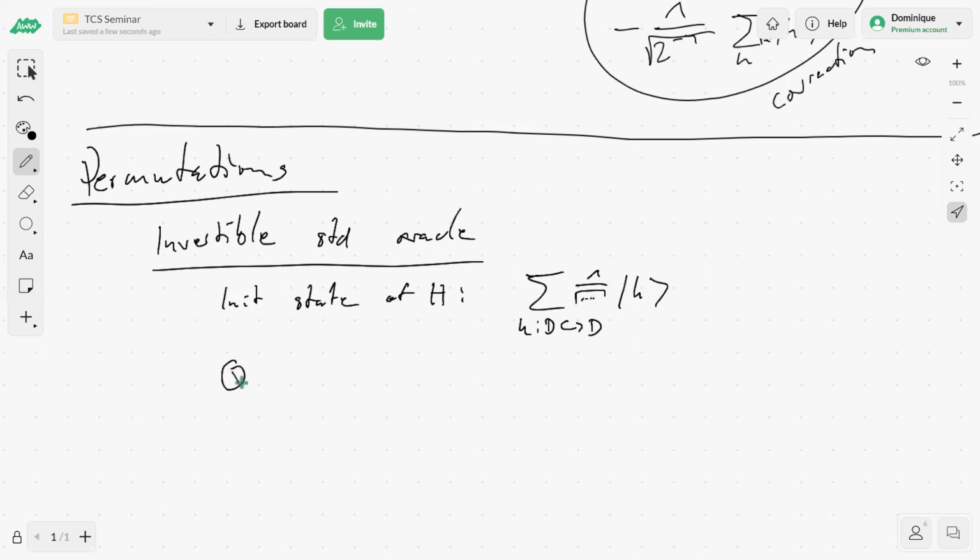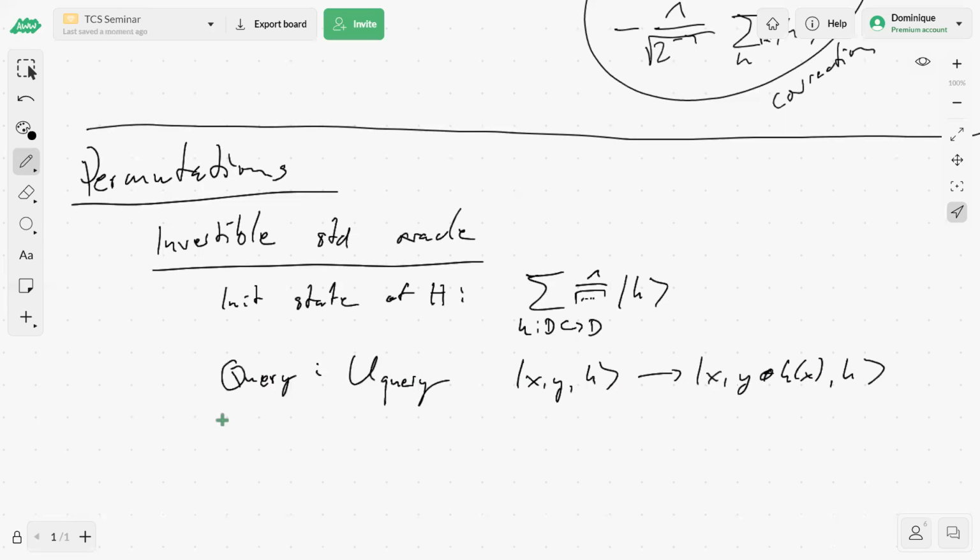And then when the adversary performs a query, we use the unitary U query that we had before, so nothing changes there. It maps x, y, h to x, y XOR h of x, h. No change.